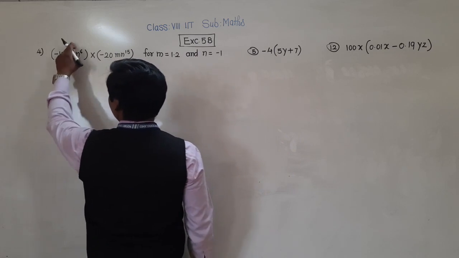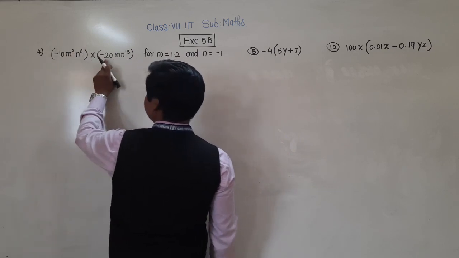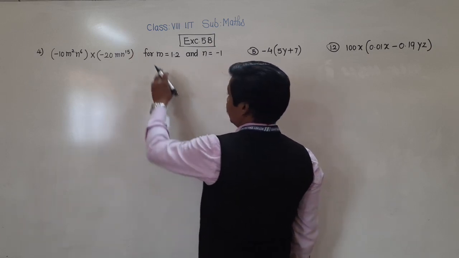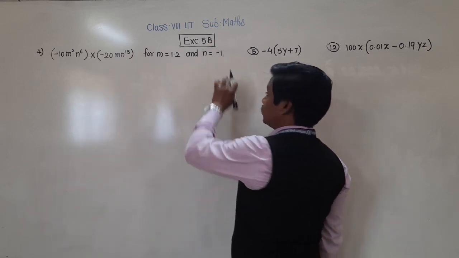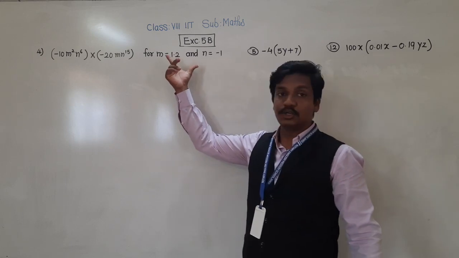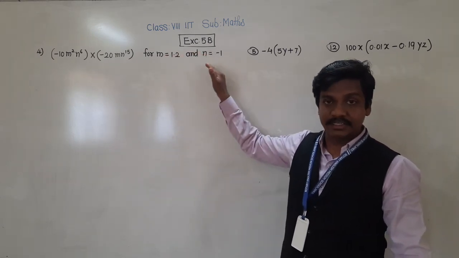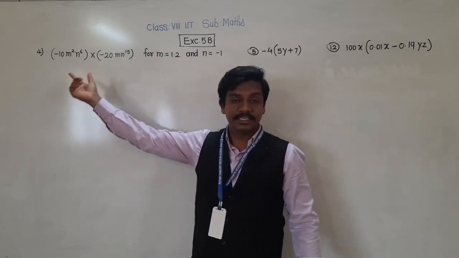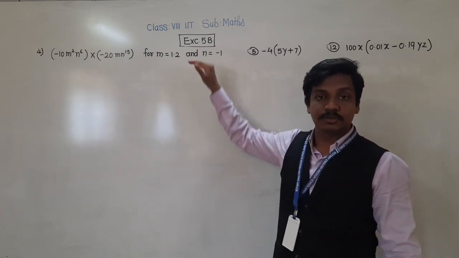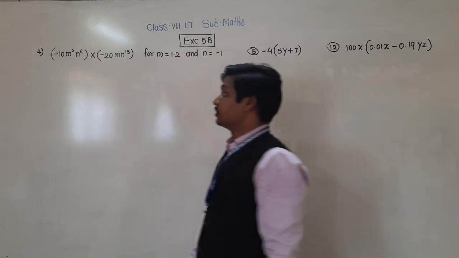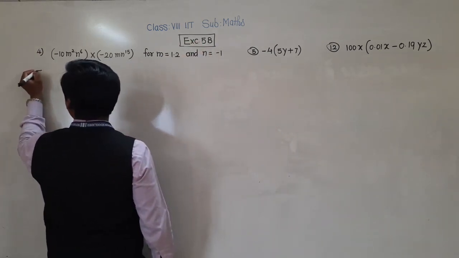Minus 10 m square n raised to 6 into minus 20 m n raised to 15, for m is equal to 1.2 and n is equal to minus 1. So here they have given values of m and n, that is values of variables are given here. First we will simplify this and afterwards we will put the given values of the variables in the expression and we will find the actual value.